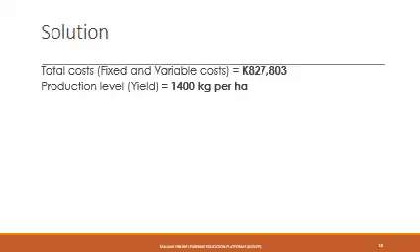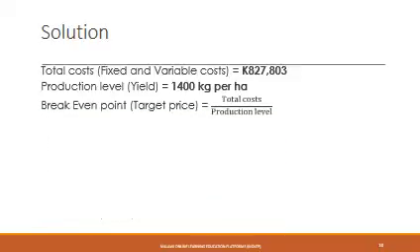So the production level, which is also yield, is equal to 1,400 kgs per hectare, and in our question they didn't specify how many hectares there were, so we just take that as the total yield per hectare. Now the formula to use is break-even target price equal to total cost over production level. We have used this one because they didn't specify which is our variable cost and which is our fixed cost, so they have just combined them.